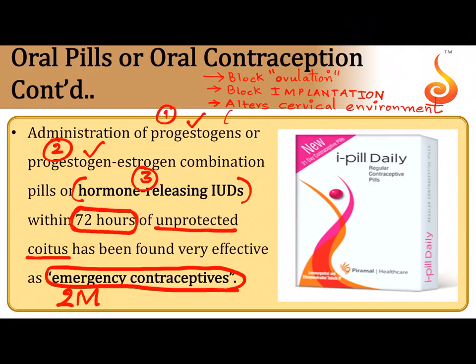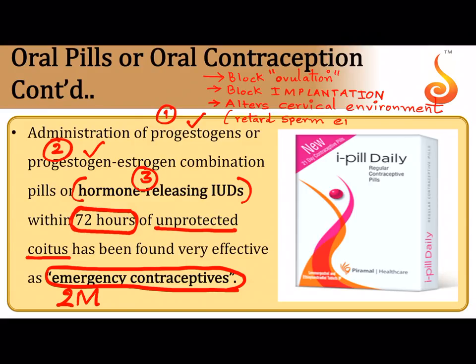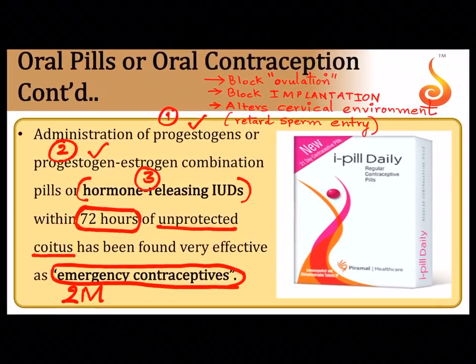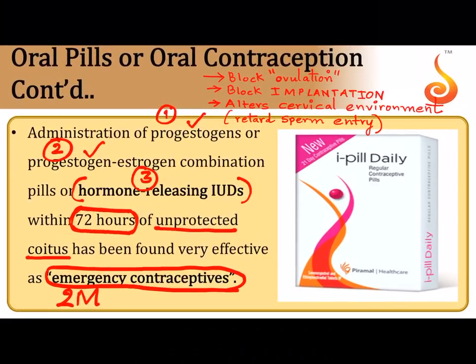If the sperm are still traveling, what do they do? They retard the sperm entry further into the female reproductive tract. The sperm may be traveling up the cervix now, but because of these pills, the cervical mucus will become altered, or the cervix will become dangerous to the sperm, and the sperm will get killed over there, so they don't enter the uterus.